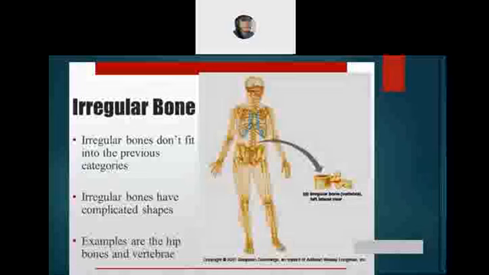Examples of irregular bones are hip bones. This part is the hip. So you will get your irregular bones here.